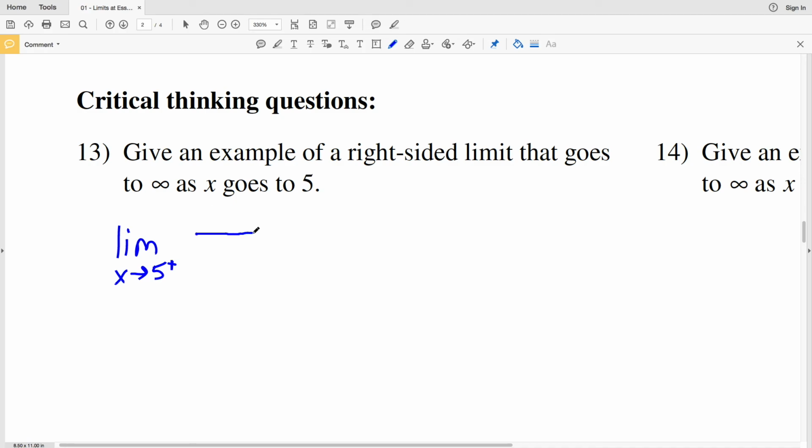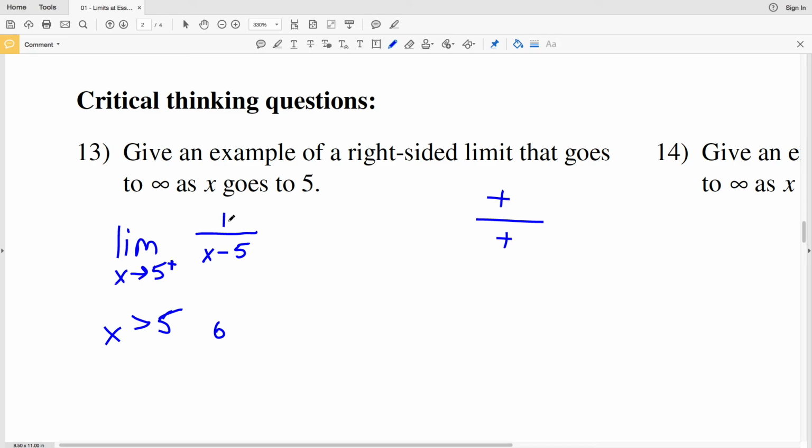So let's write 1 in the numerator because that's going to be positive. So now that we have positive in the numerator, we need positive in the denominator. So as x goes to 5 from the right, if we were to subtract 5 from x, as it approached 5 from the right, that would be from values where x is greater than 5, and 6 minus 5 is definitely positive. That's a positive 1.